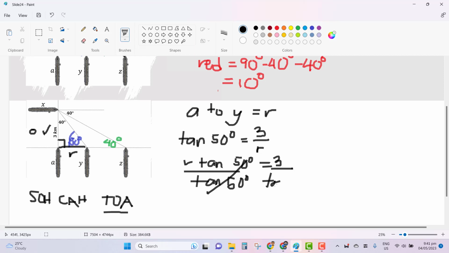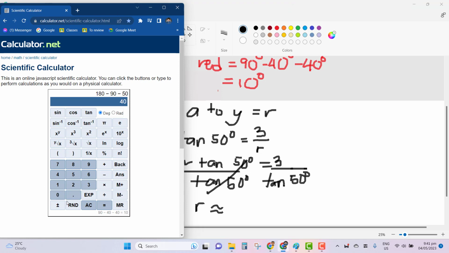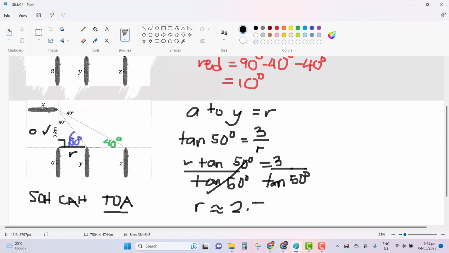So your R is approximately 3 divided by tangent 50 degrees. That's approximately 2.52. We are using approximation because we are rounding it off, and the unit should be kilometers. That's for R. We are already done with A to Y.